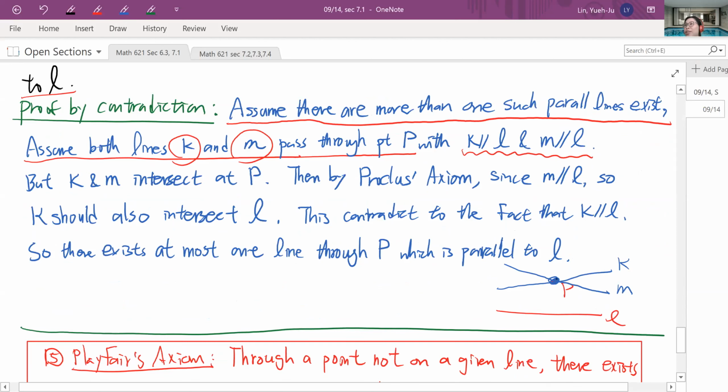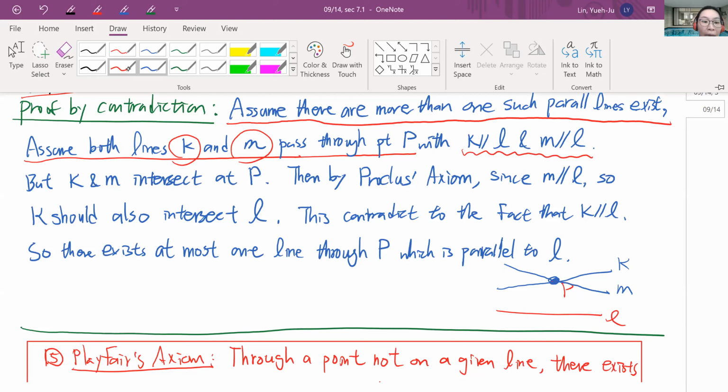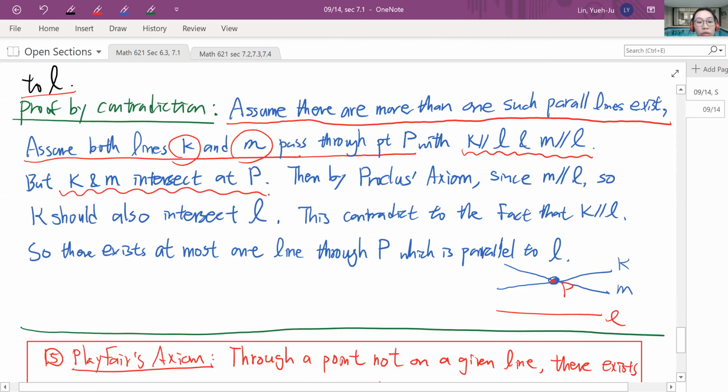Of course, it's not correct, right? So that's why we need to prove it. So let's say we have more than one parallel line passing through P, say K and M. But because they pass through the same point P, they intersect at least at P, right?